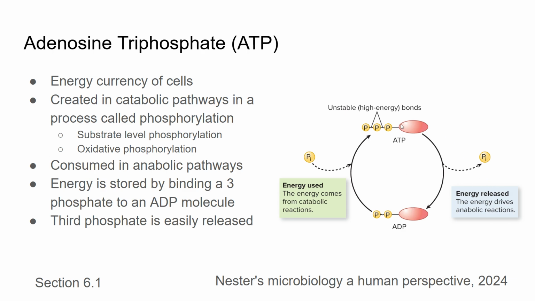So ATP will convert back to ADP when the energy is released, just waiting to be recharged. And if we really need a lot of energy, we can also break down ADP and release one more phosphate and make AMP, which would be adenosine monophosphate. But this is just how we're able to transfer energy around the body or around an organism and have it be easy to release.